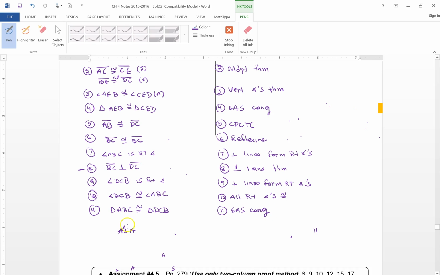And if the two triangles are congruent, then their sides are congruent because of what? CPCTC. So, AC is congruent to DB, CPCTC. And there you have it. We're done. Okay? 12 steps only.